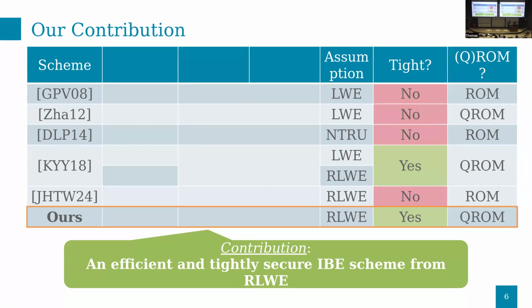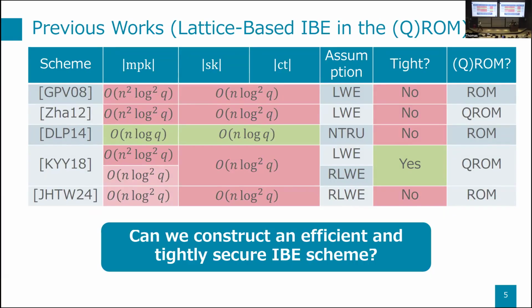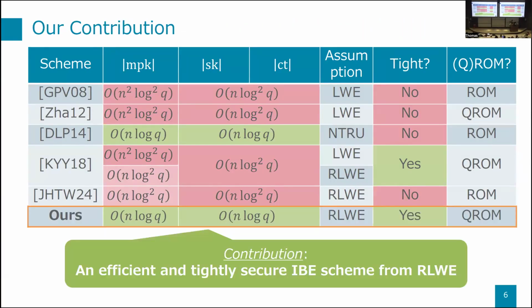Our scheme has compact parameters, the same as DLP ones, and our scheme achieves tight security. So this is our result. Our contribution is an efficient and tightly secure IBE scheme from RLWE assumptions.